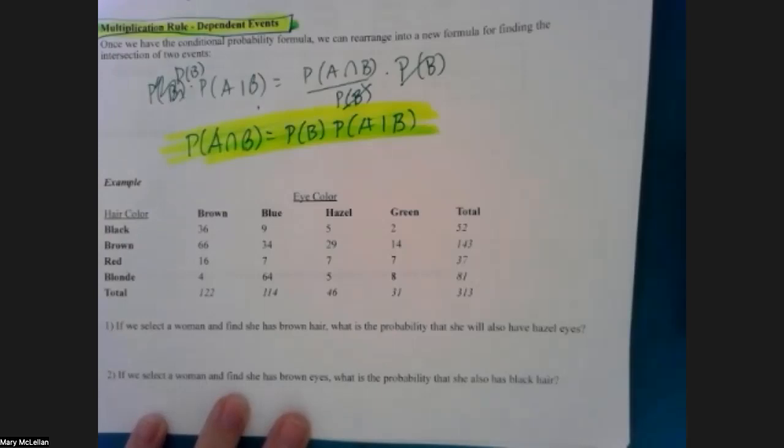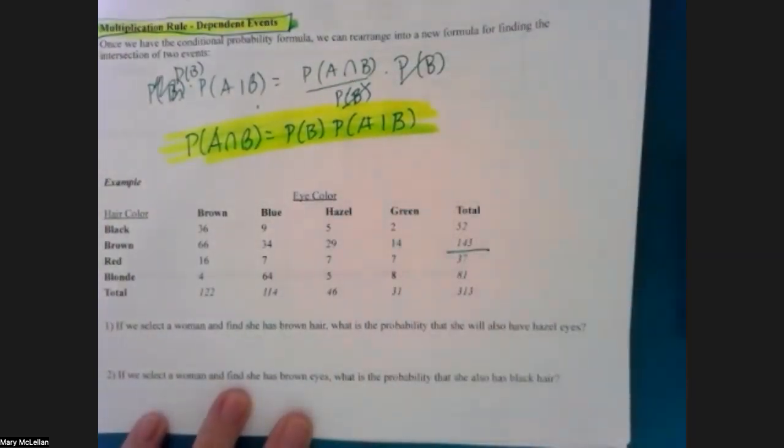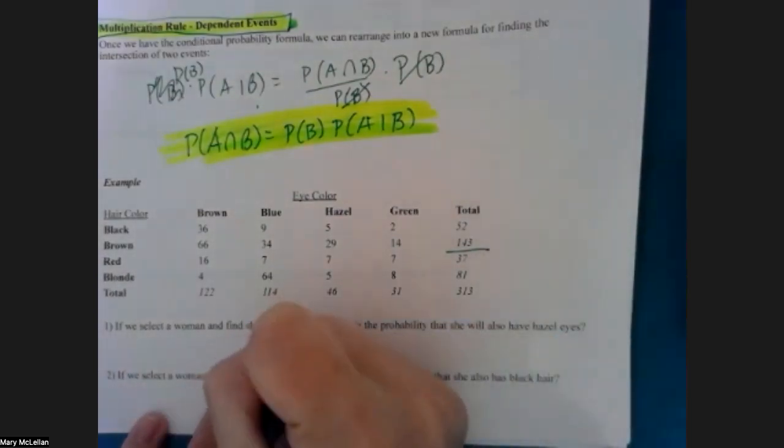If we select somebody and they have brown hair, what is the probability that they will also have hazel eyes? Okay, well, in this situation, the denominator is all possible people with brown hair.